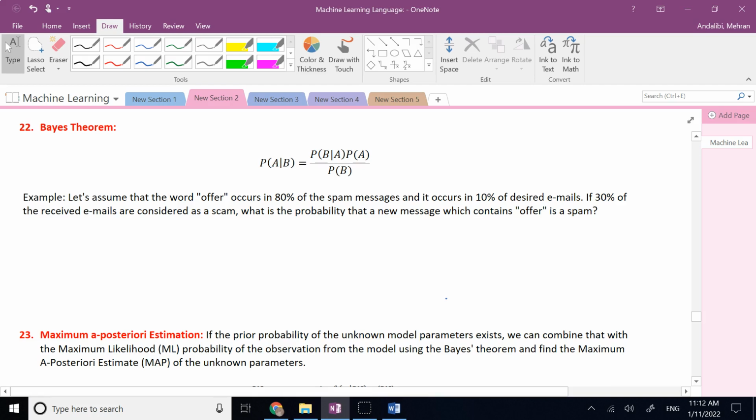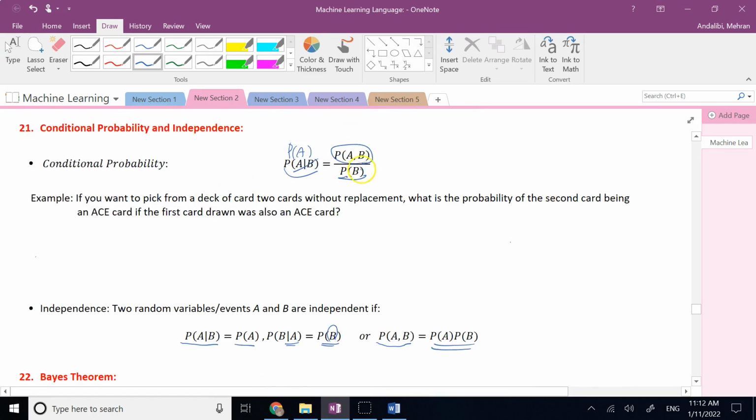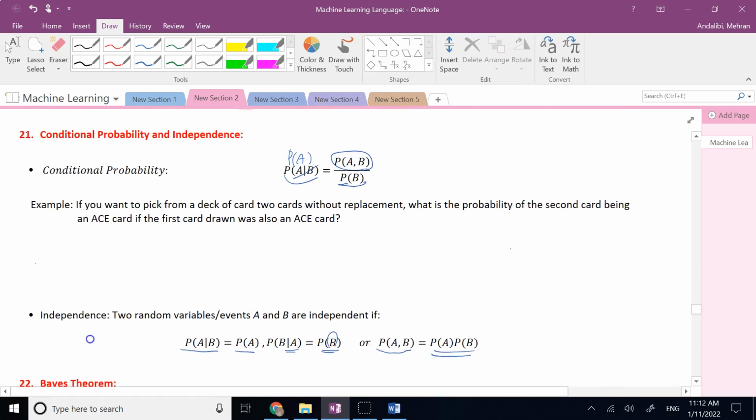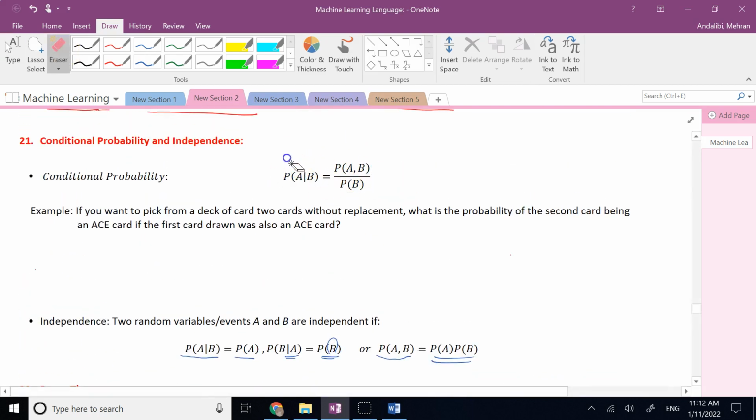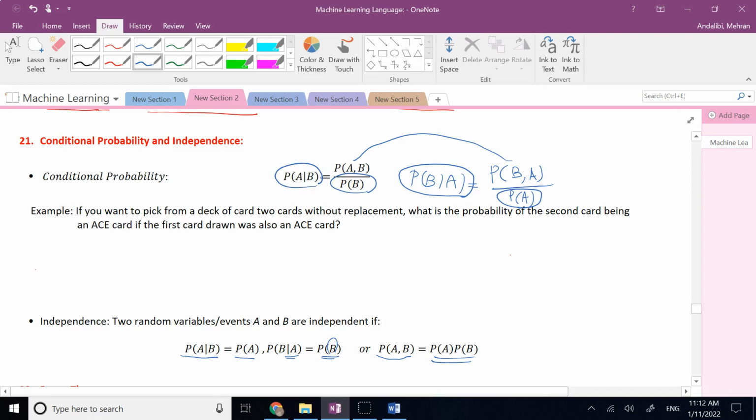What is Bayes theorem? It comes directly from the definition of conditional probability. If you look here, P of A given B is P of A and B divided by P of B, and similarly P of B given A is P of B and A, which is the same as A and B, divided by P of A. Well, you know these two are the same, so if you cross multiply, you see that P(A) times P(B given A) is the same as P(B) times P(A given B), right?